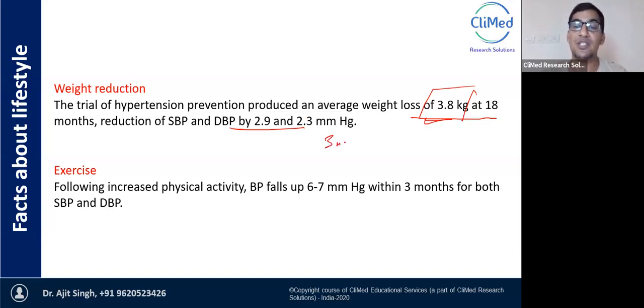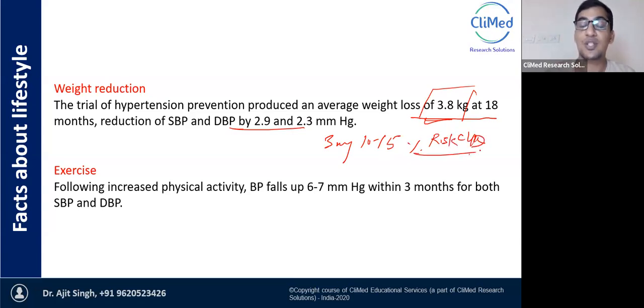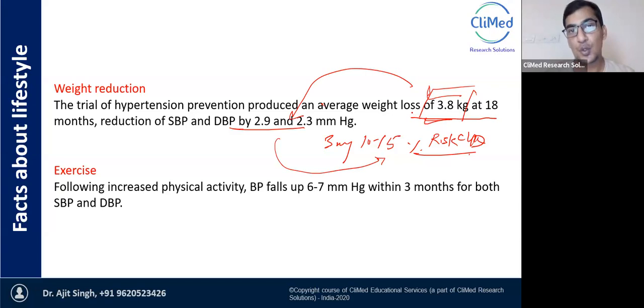So 3 mmHg means how much? Around 10 to 15% of the risk of cardiovascular problems we are reducing, just by reducing our weight by 3.8 kg. That's why weight reduction is very important in hypertensive patients, because it directly leads to blood pressure control, and blood pressure control directly leads to CVD risk control.